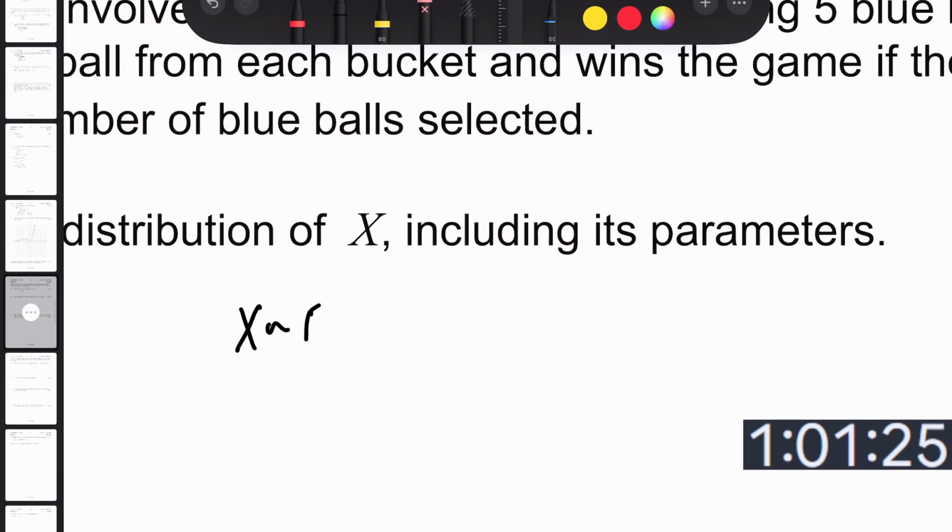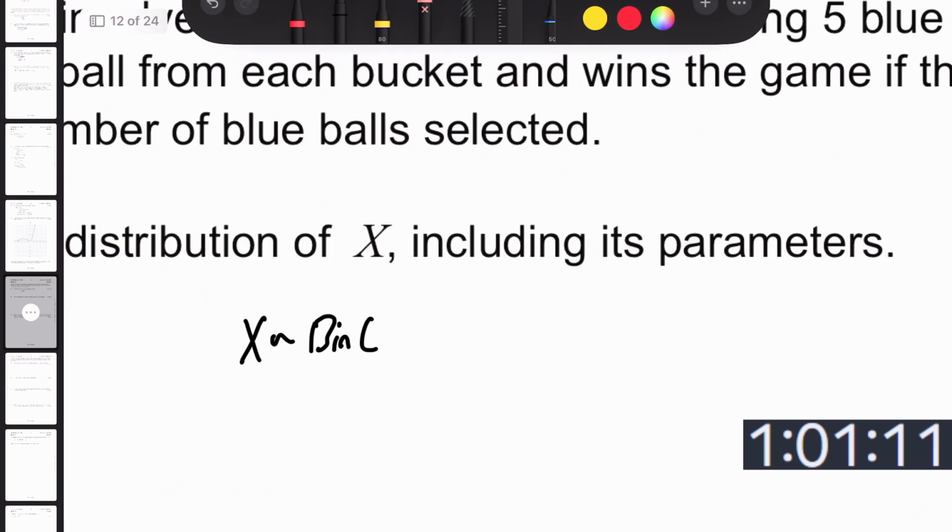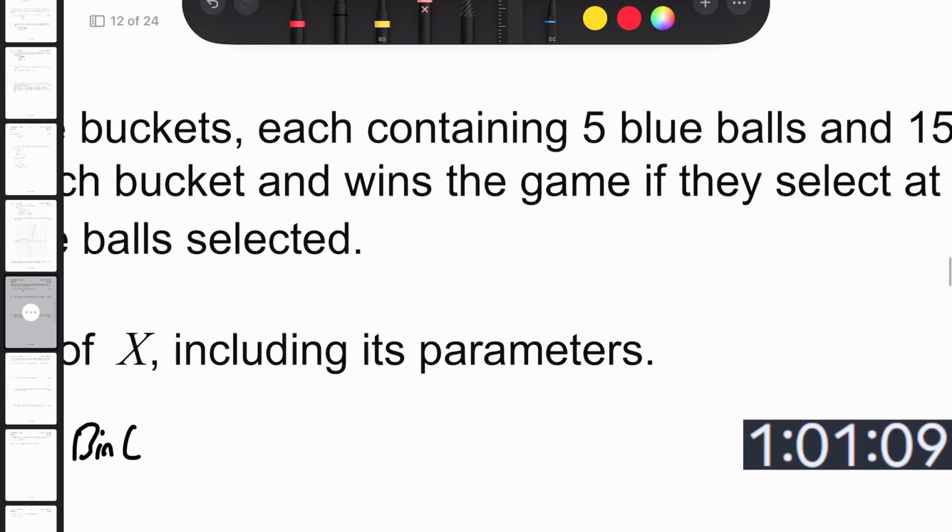So binomial. So let me think about this. So I have 100 trials, and oh no, they are consistent because you only select one ball from each bucket. So once you select one from one of the buckets, you move on to the next one. So the probability of containing a blue ball is going to be the same.